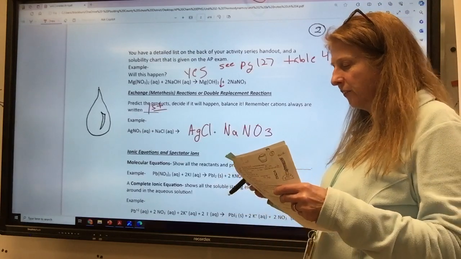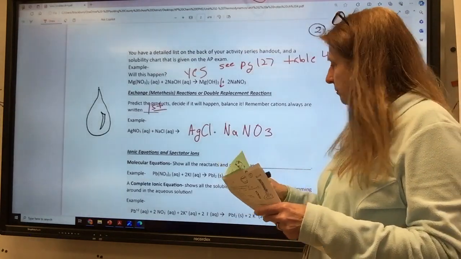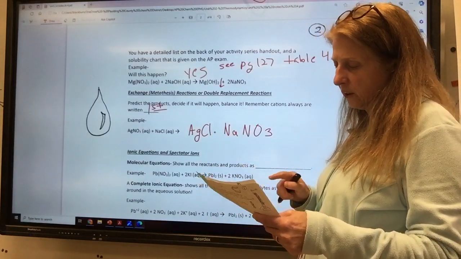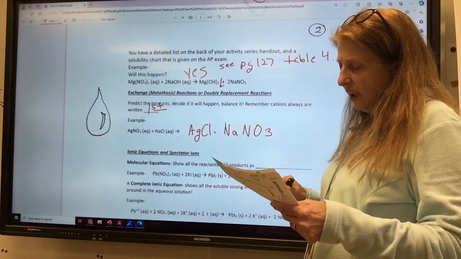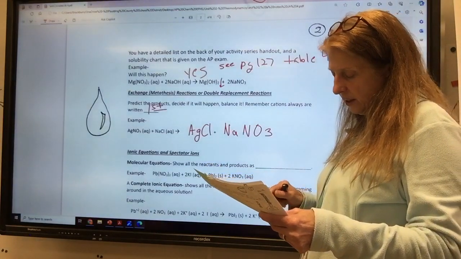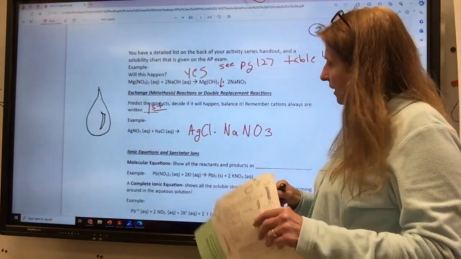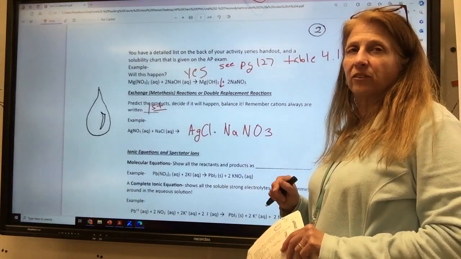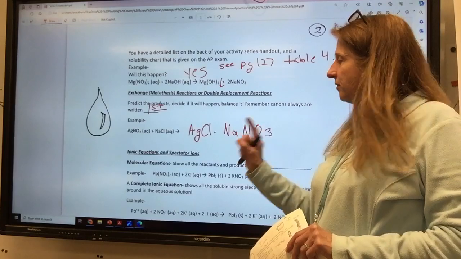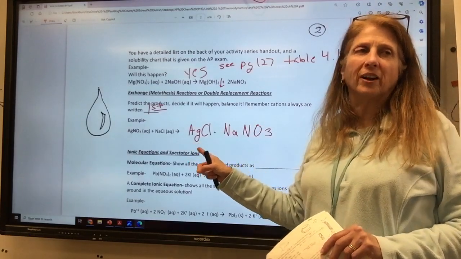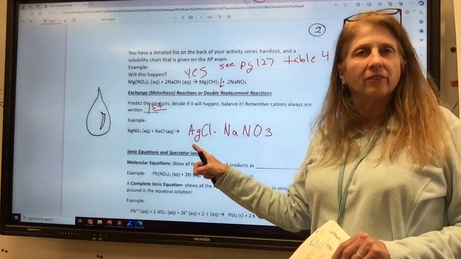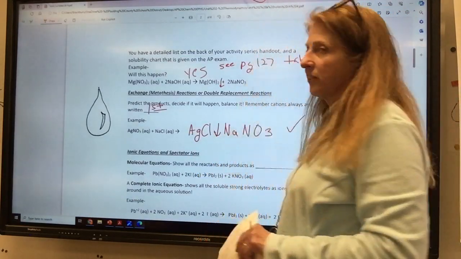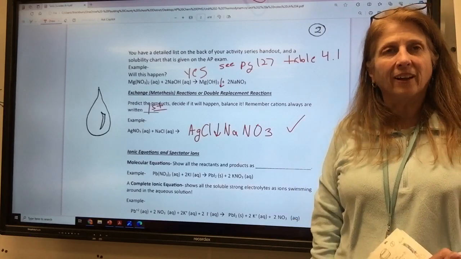Look back at your little things. Nitrates, no exceptions. So this is swimming. How about this silver chloride? Well, now we go look at chloride for the halides. Do we see any exception there for chlorides? Yes. What's the exception? Silver. What's our mnemonic device that told us that? PMS. It's the S of PMS. So this precipitates out, and yes, that's going to happen. That's not terrible, is it?